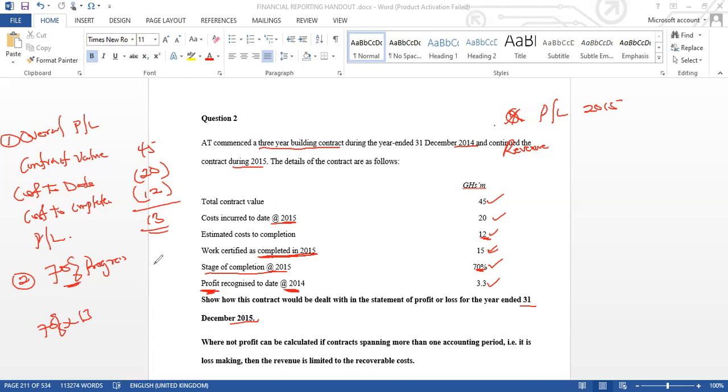So be very, very careful. So let's just work the revenue. Revenue will be 70% multiplied by the total, which is 45. That revenue is here. But is there any revenue coming from previous year? Do we see anything coming from previous year? I don't see.